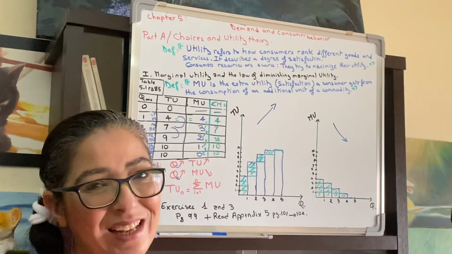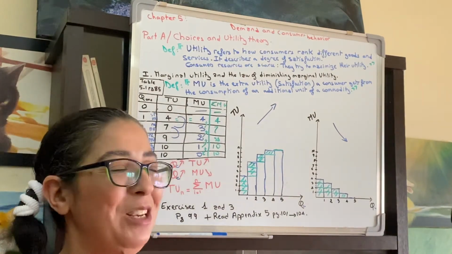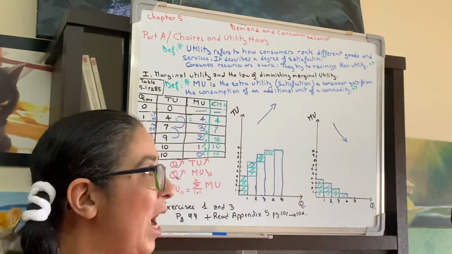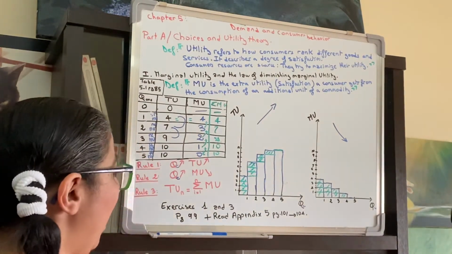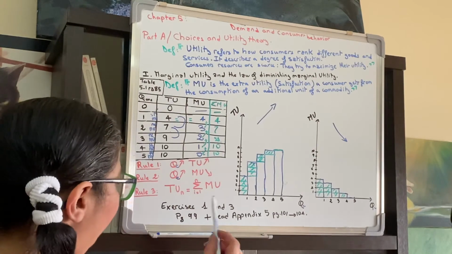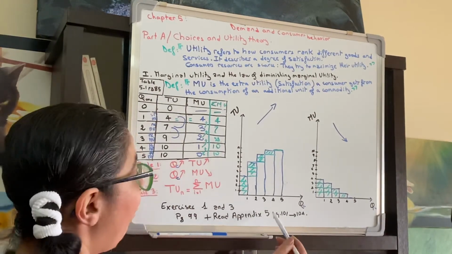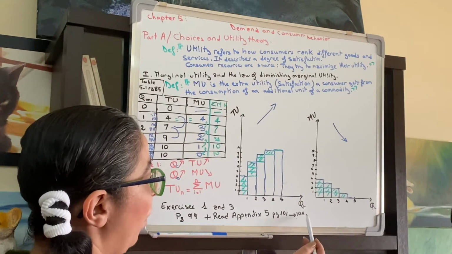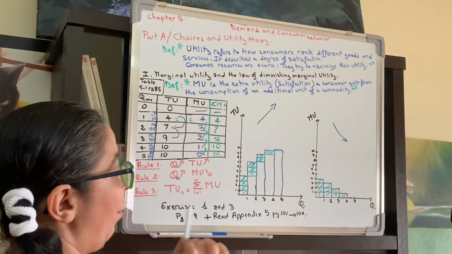Okay. Now, I cannot move on before you completely understand this and read your chapter, because I guess you haven't had a chance to read it yet, because I've given you a quiz simulation. I understand that, but now I really need you to read your chapter, and I'm asking you please to read Appendix 5 from page 101 to 104 and do exercise 1 and 3.